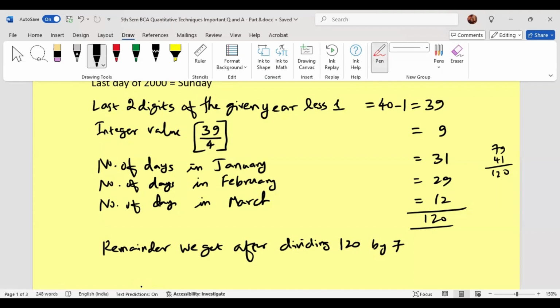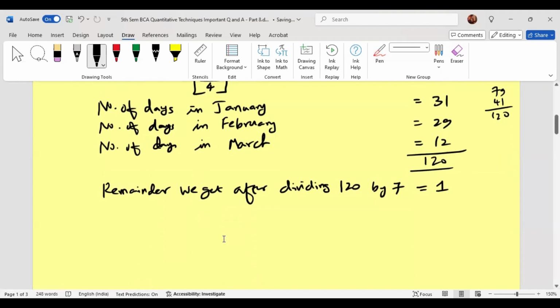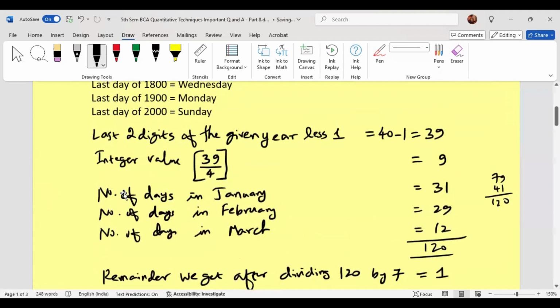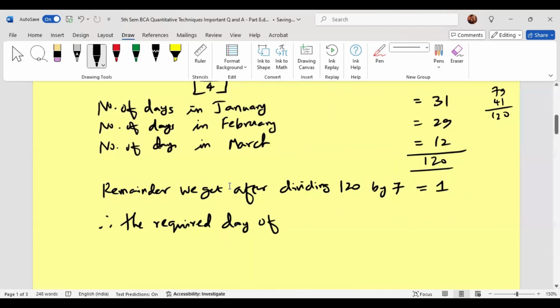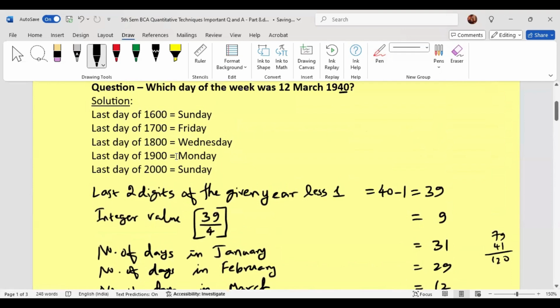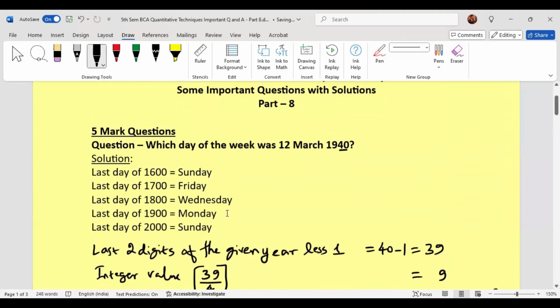We get the remainder as 1. Therefore, we can say the required day of this 12th March 1940 is, we know in 1900, the last day is Monday.